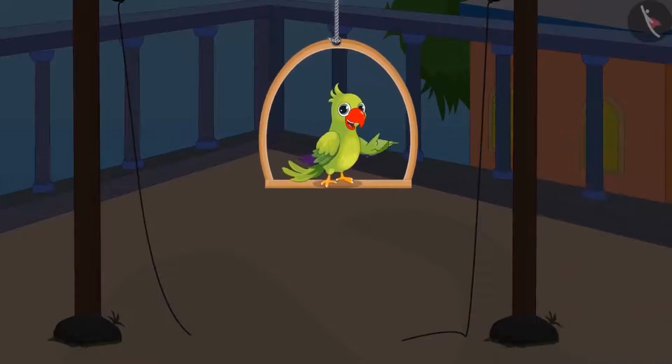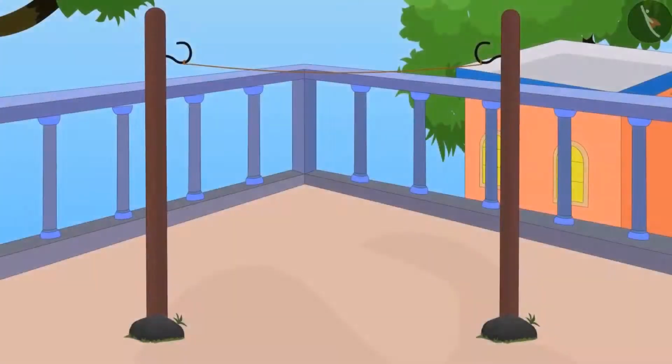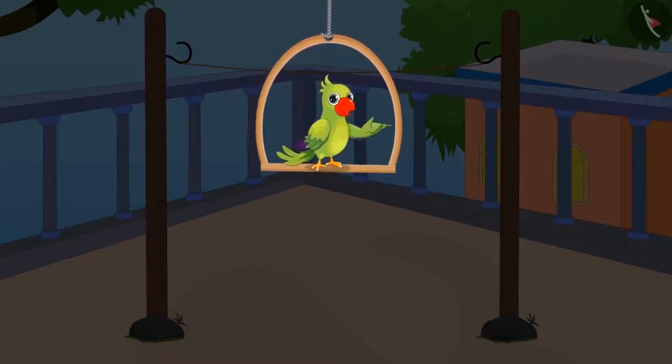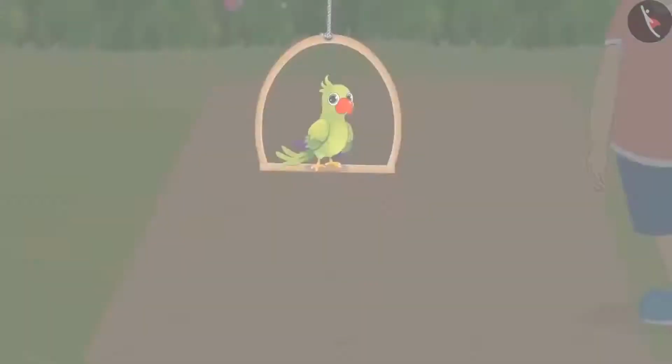Chotu, after measuring the distance with his foot, went to buy the rope, and he came back home and got his clothes dried. So children, did you see how Chotu measured the rope using his foot? Do you know that we can measure other objects too with the foot?